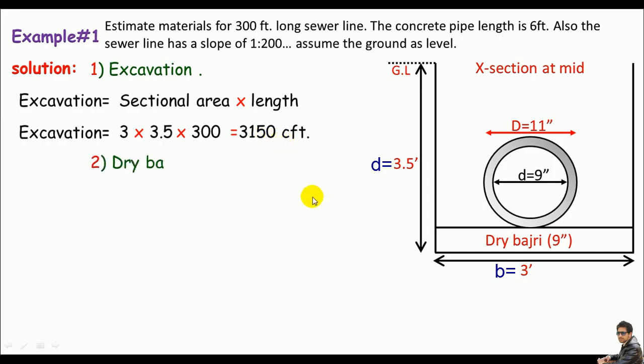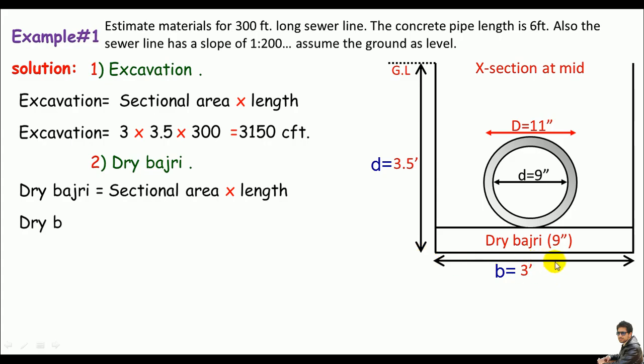My next approach, remember, is the dry brickwork, and the same formula will be used. The brickwork will be the cross-sectional area times the length. Just look over here. The breadth is known and the thickness of this layer is also known. So the breadth times the thickness will be the cross-sectional area, and with the length multiplication we get the total volume.